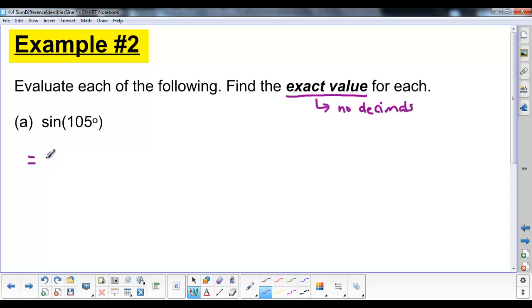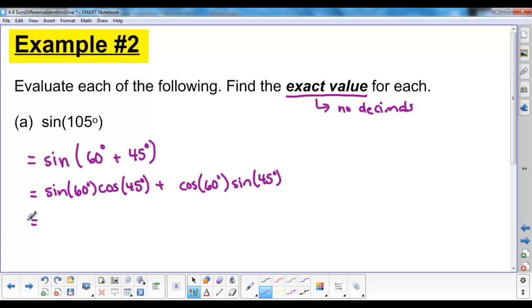So for example, sine 105 can be split up into 60 degrees plus 45 degrees. Now I picked 60 and 45 because those both come from our special triangles. And now that I've split it up as a sum of two angles, I can use the sum identity for sine.